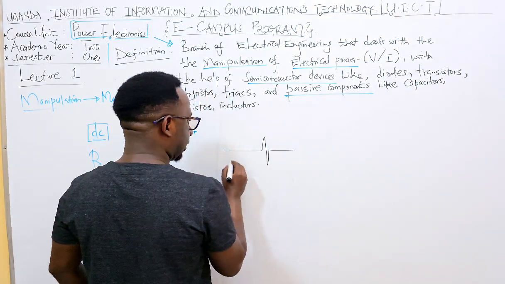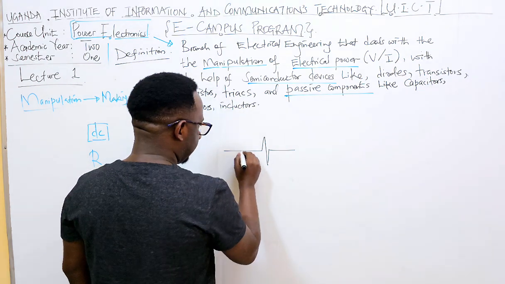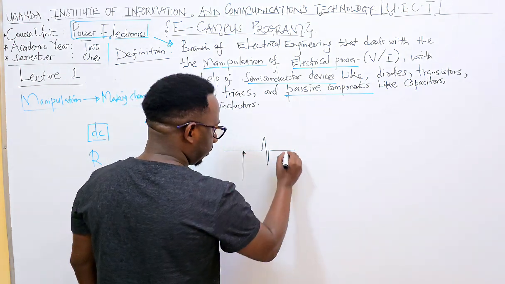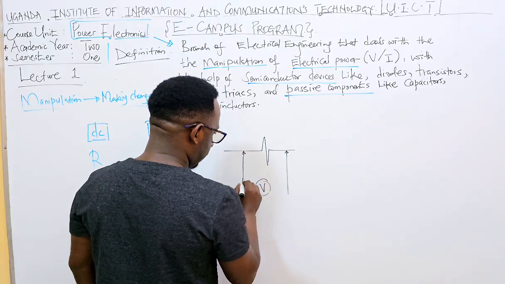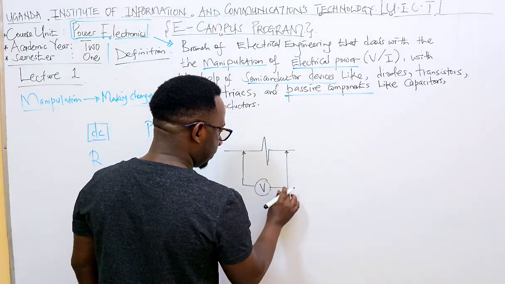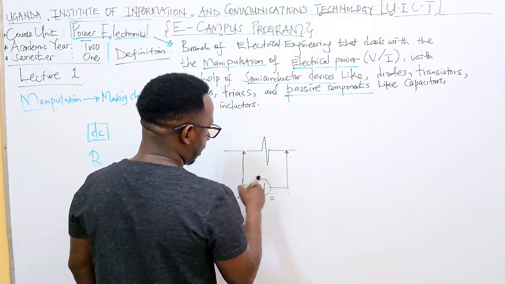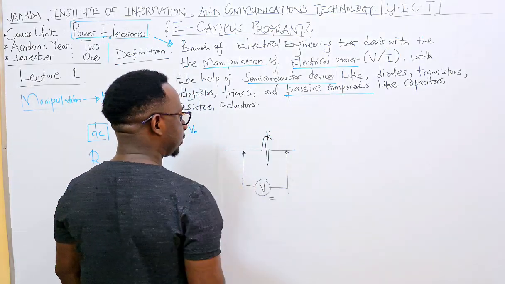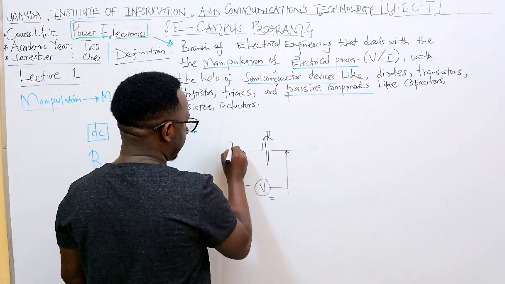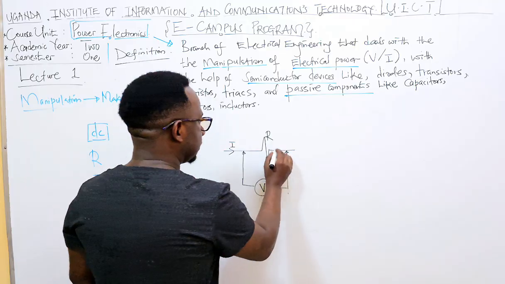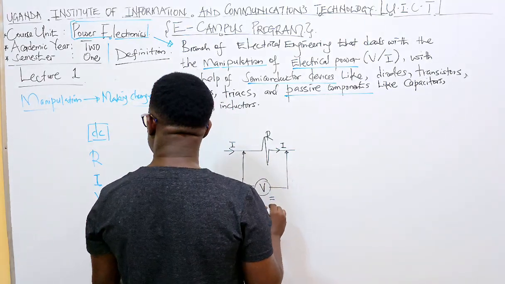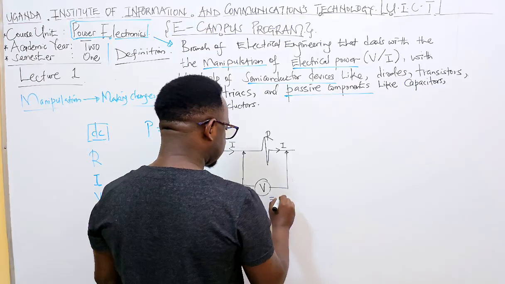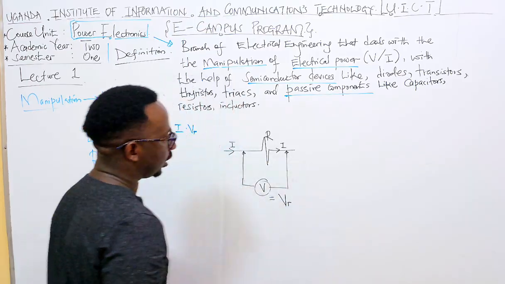So the voltage drop across that load, let me represent it with an appropriate circuit whereby the voltage drop across this resistive load R that's conducting a current I, it's the same all throughout, happens to be having a voltage drop of VR.